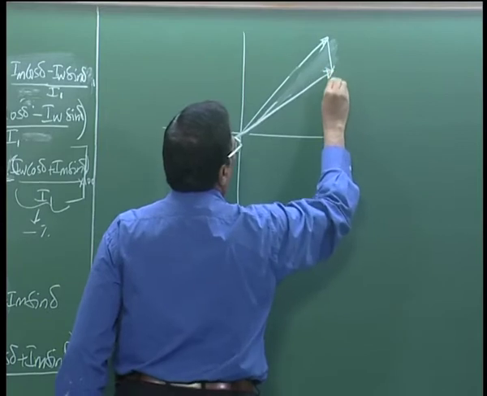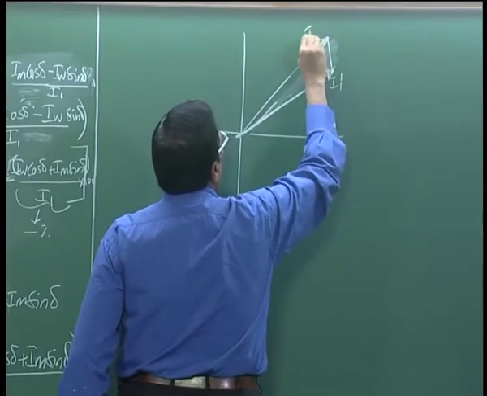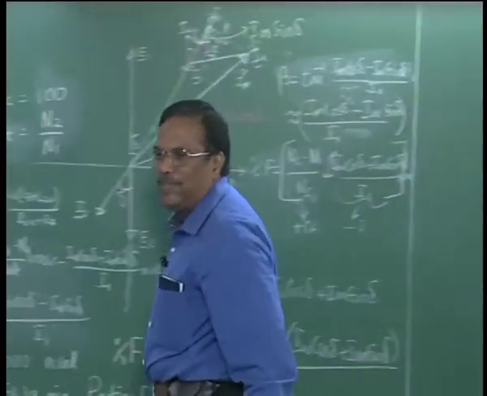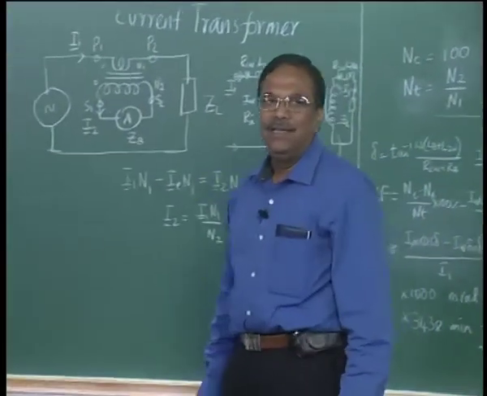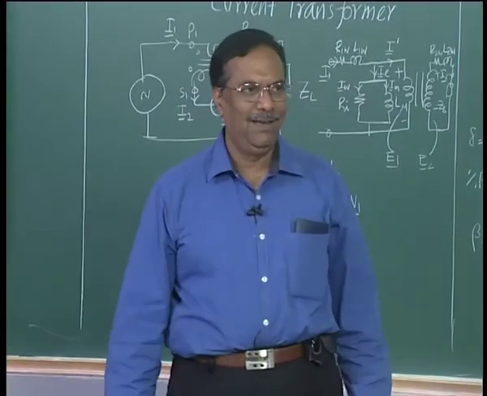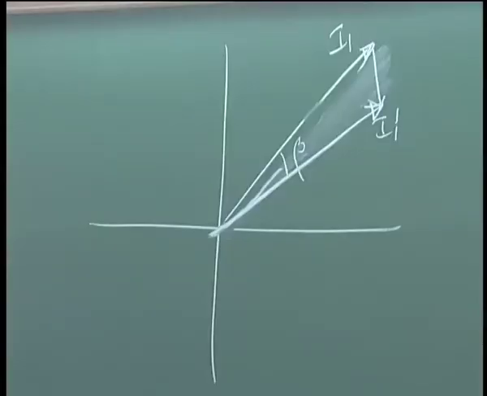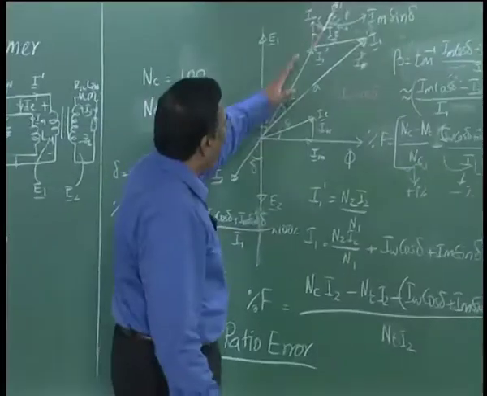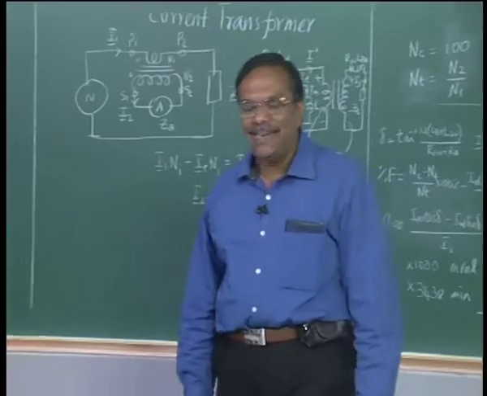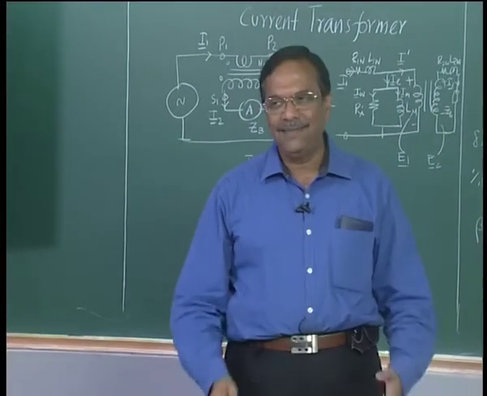So, this is I1 prime, this is I1. What is the difference between these two phasor diagrams? In one phasor diagram I1 prime leads I1, in the other I1 prime lags I1, right. So it is again convention. What is I1 prime? The reflected secondary current on the primary side.